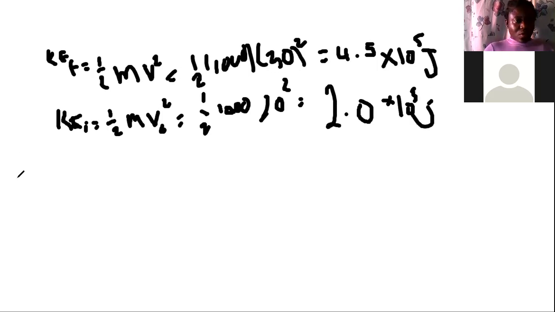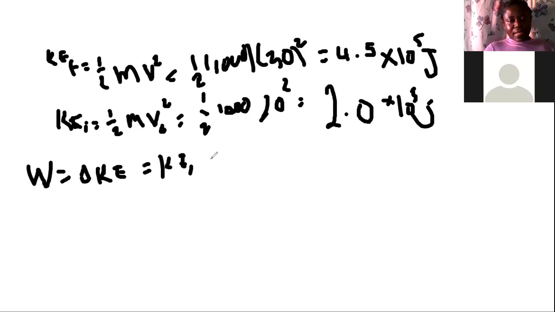Okay, so going on, work is equal to the change in the kinetic energy. Putting in these values, it is the final kinetic energy minus the initial kinetic energy.